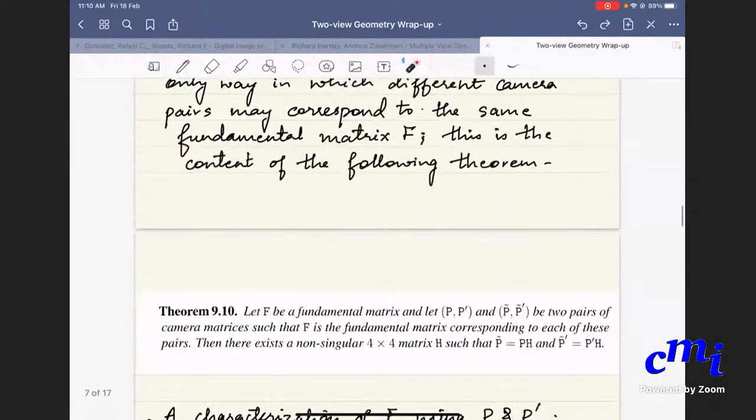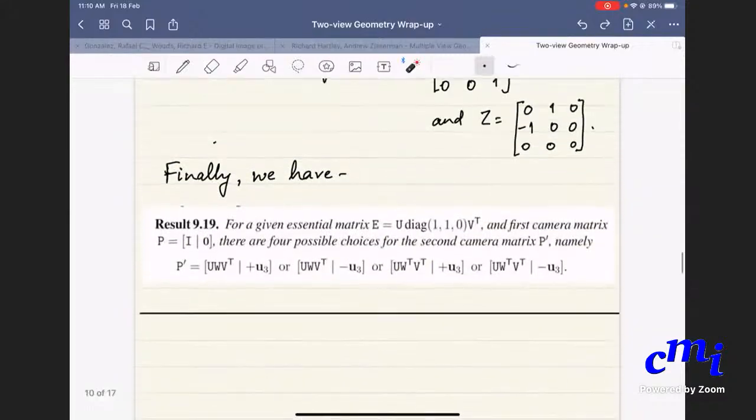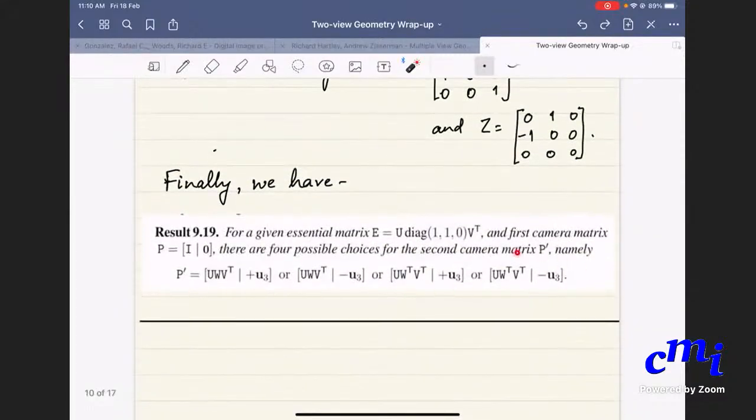But in the case of the essential matrix, there is no such thing. You have only 4 possible choices of the camera pairs, so the essential matrix definitely gives you fewer choices to look at.